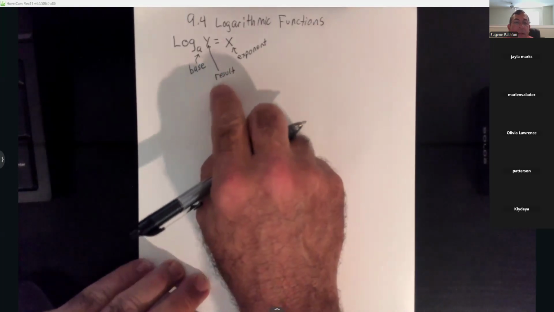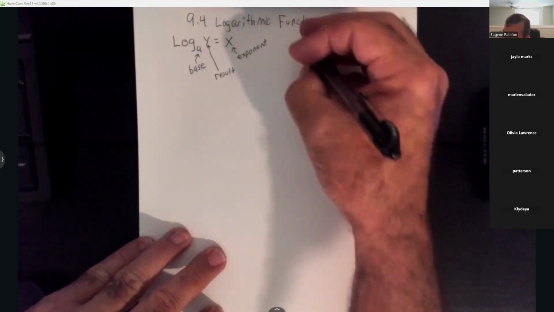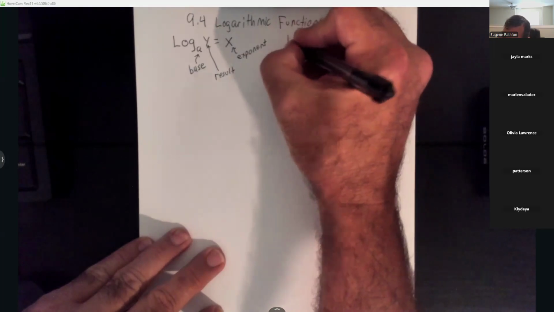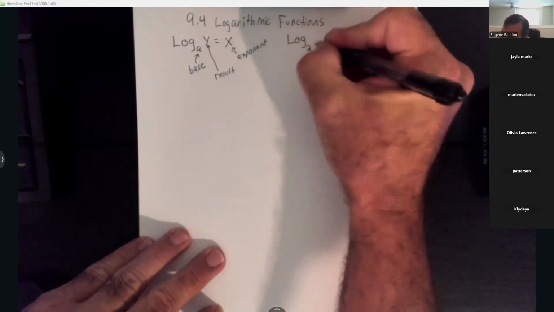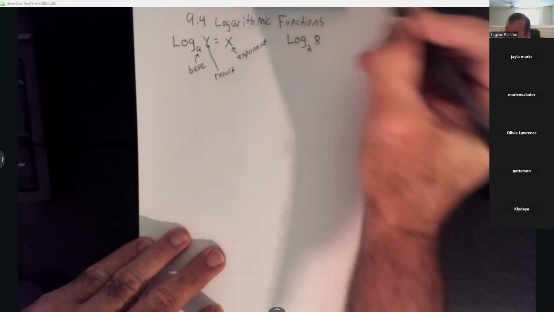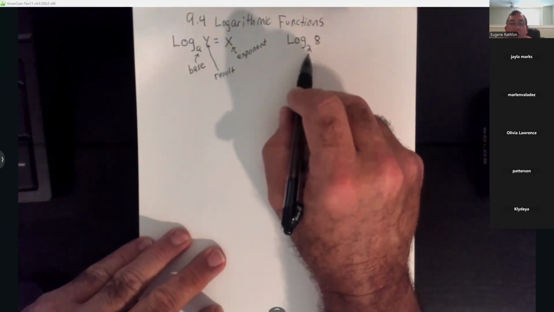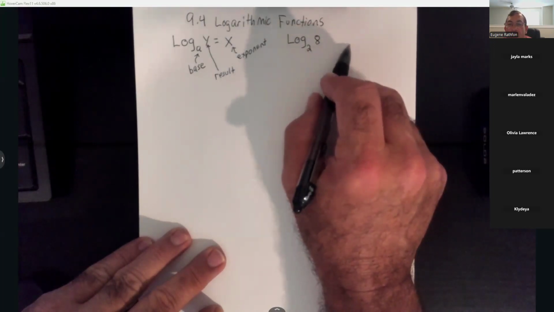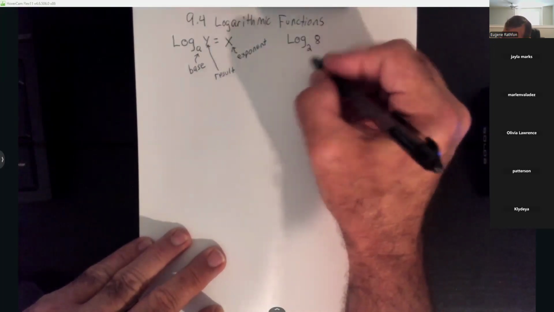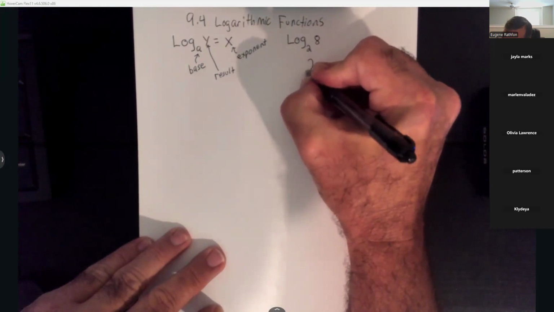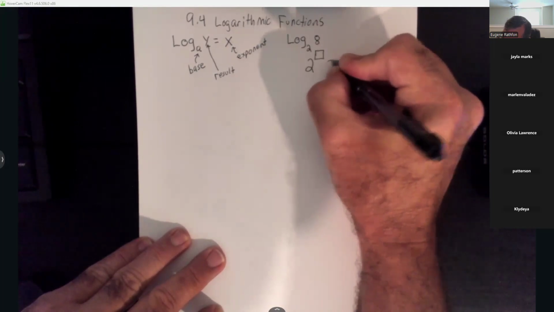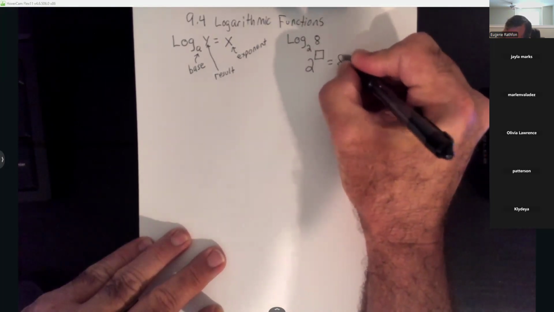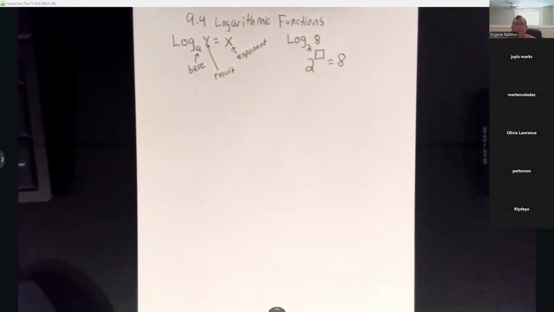So y'all, let me give you an example to sort of explain this. So if I had a logarithm base 2 of 8. 2 is the number being raised to an exponent that equals 8. So you can look at it like this. 2 to what exponent equals 8? So y'all, what do y'all think that is?